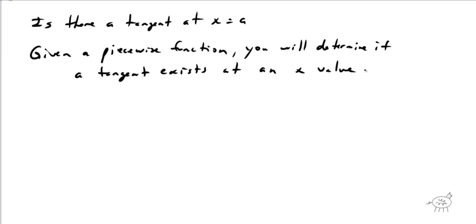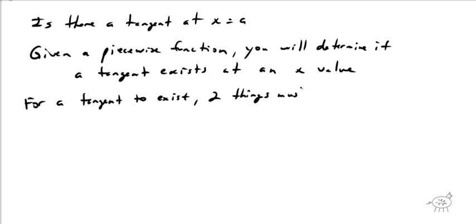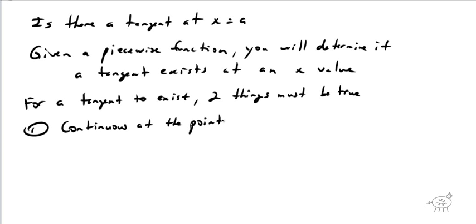Here's the deal: for a tangent to exist, two things must be true. The first thing is it's got to be continuous at that point. And the second thing, the slopes must be equal at the point.